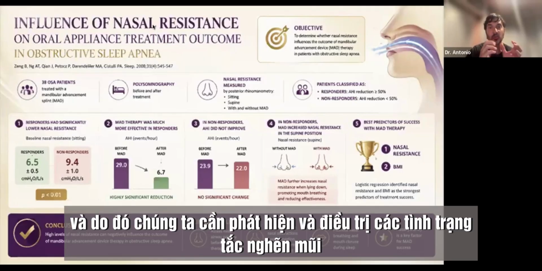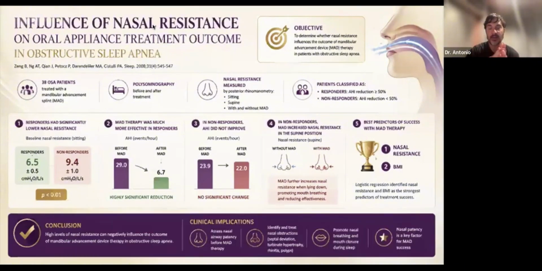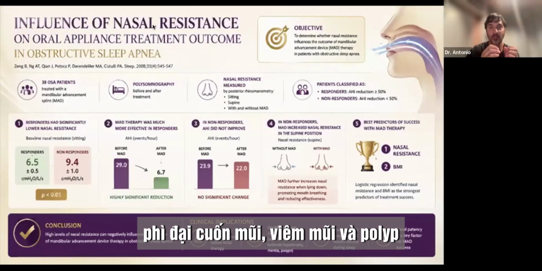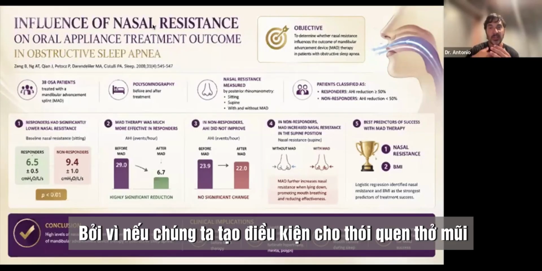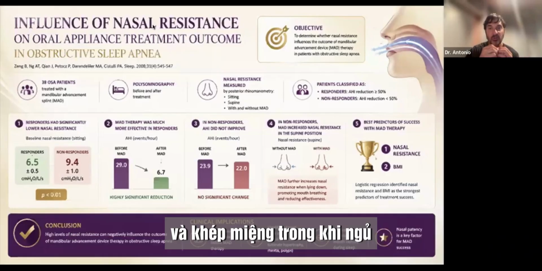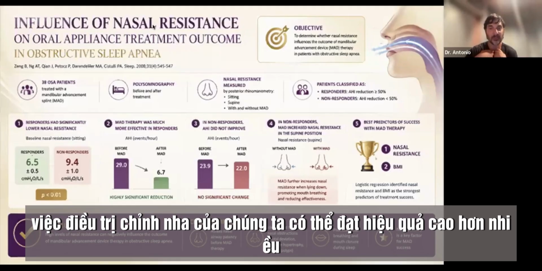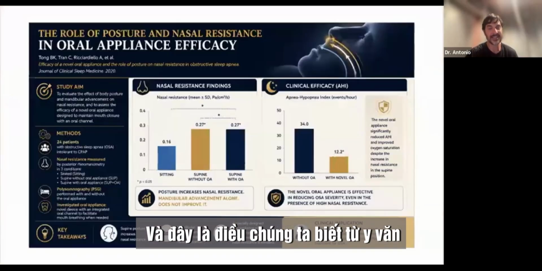And so we need to identify and treat nasal obstruction like septal deviation, turbinate hypertrophy, rhinitis, and polyps. Because if we promote nasal breathing and mouth closure during sleep, our orthodontic treatment can be much more effective. And this is something that we know from the literature.